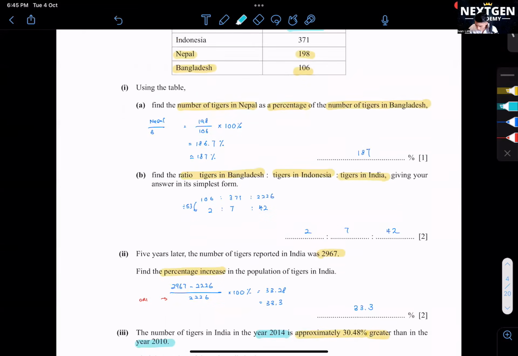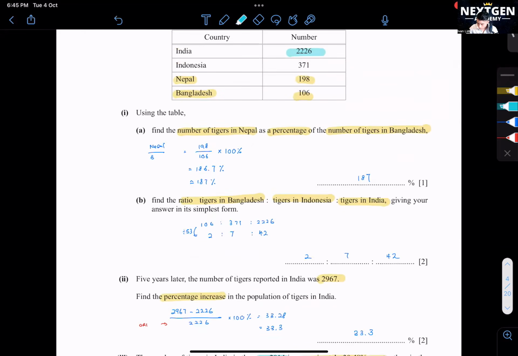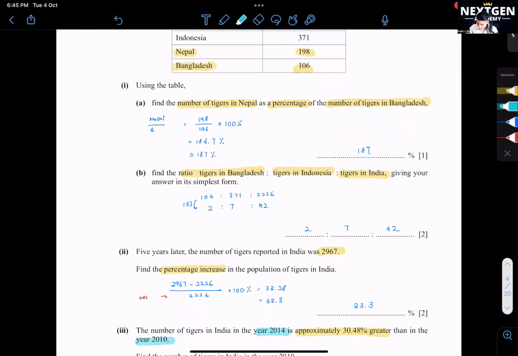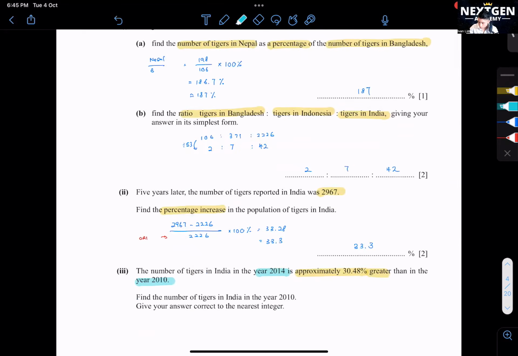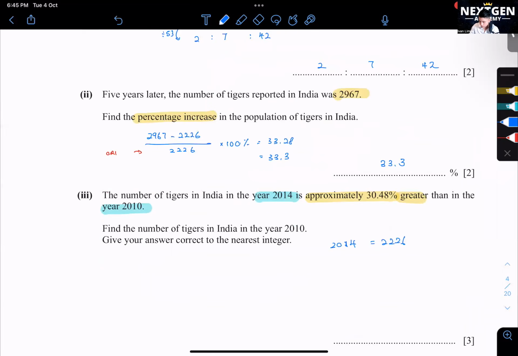Okay, so let's see. In 2014, India has 2226. And this 2226 also represents how many percent? It is 30.48% greater, right?